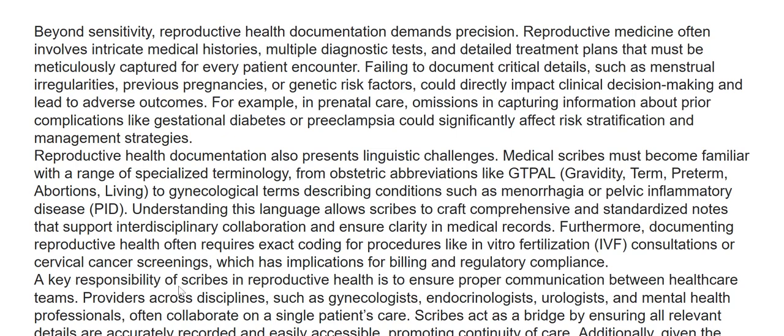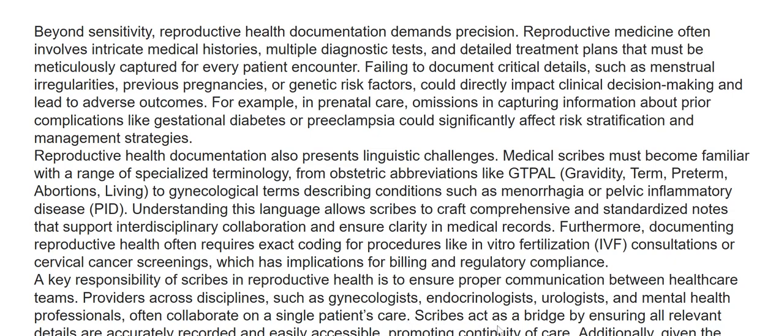A key responsibility of scribes in reproductive health is to ensure proper communication between healthcare teams, as providers across disciplines such as gynecologists, endocrinologists, urologists, and mental health professionals often collaborate on a single patient's care.